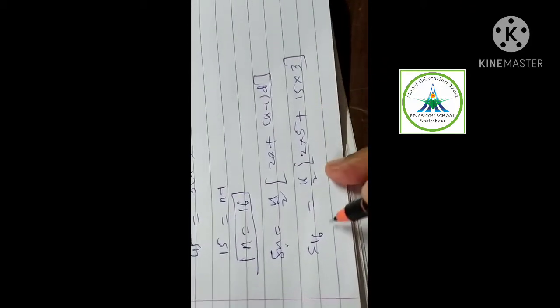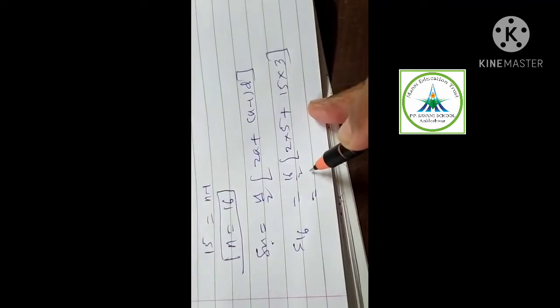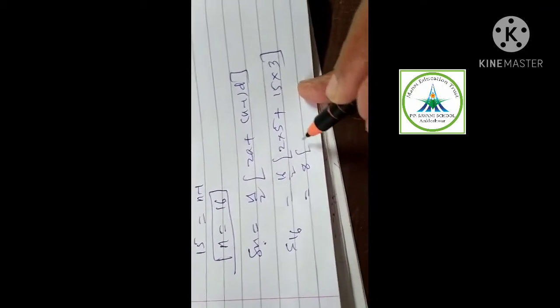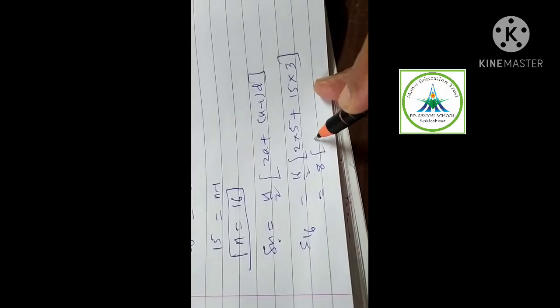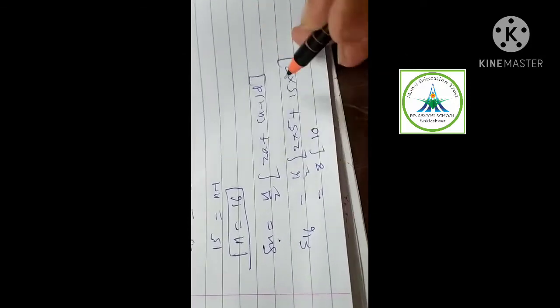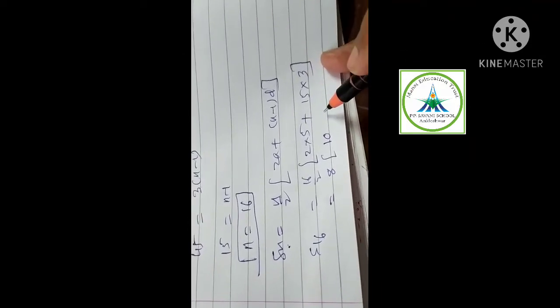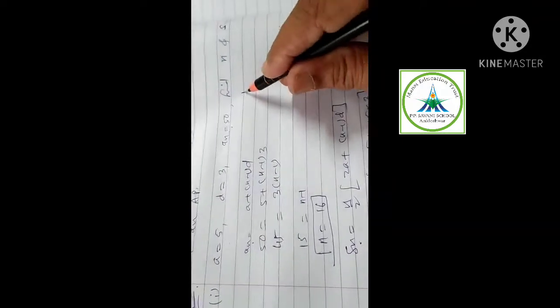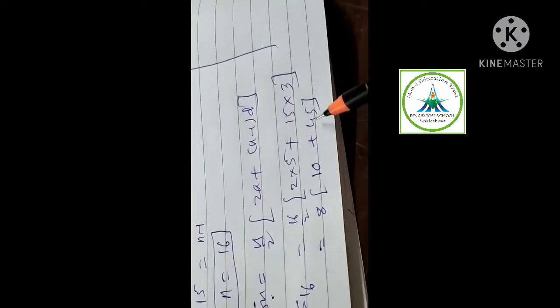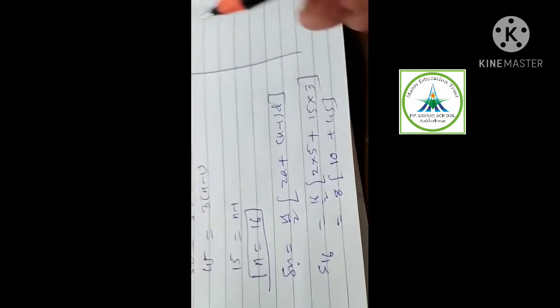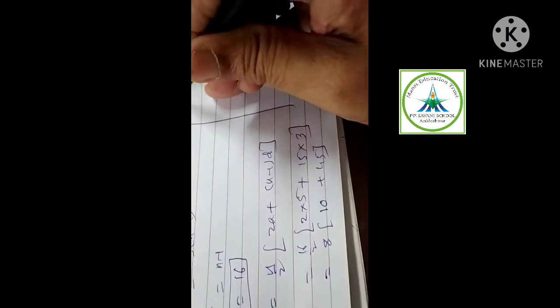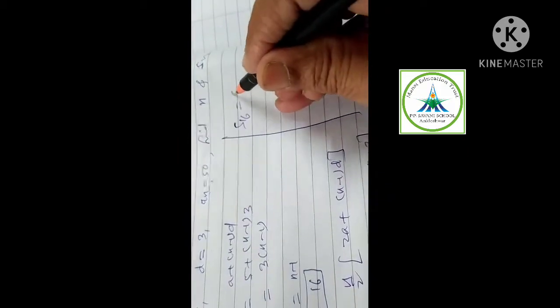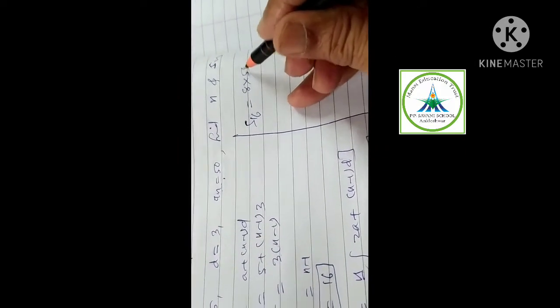Got it? Very simple. Students, children, this example is just to see how many students remember. If a, d and an are given, then you should know how to find n. Okay. Please remember this, right? Now see, 45 plus 10, 55 multiplied by 8. So S16 equal to 8 multiplied by 55. Yes or no?